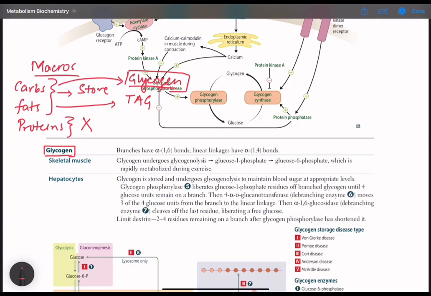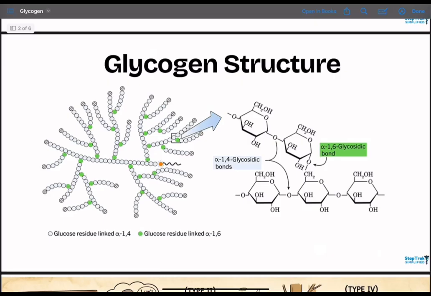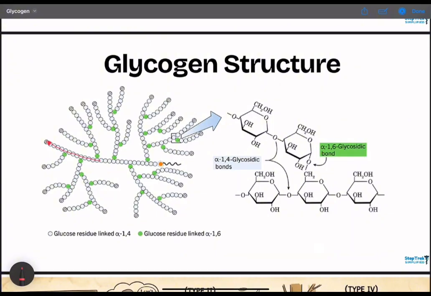So glycogen is the storage form of carbs. It is made up of repeating units of glucose, or in other words, it is a glucose polymer. If you look at the structure of glycogen, it consists of long chains of glucose. But the interesting thing about glycogen is that it has branches.